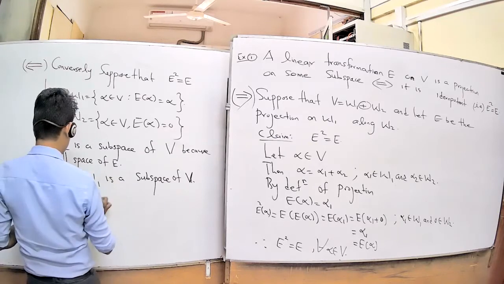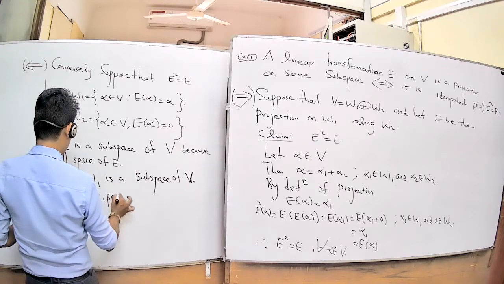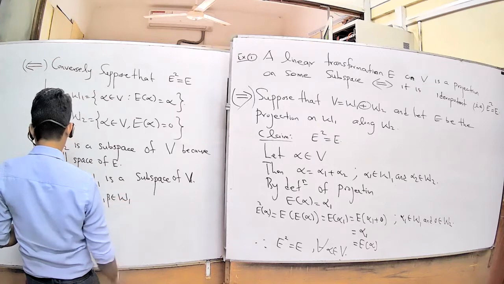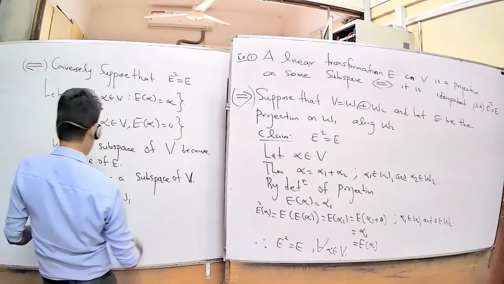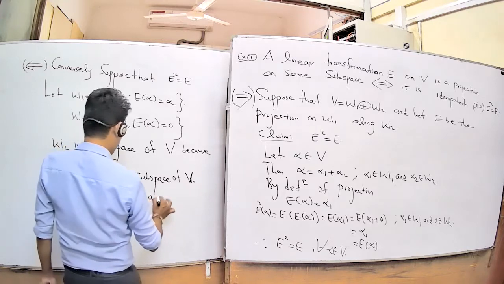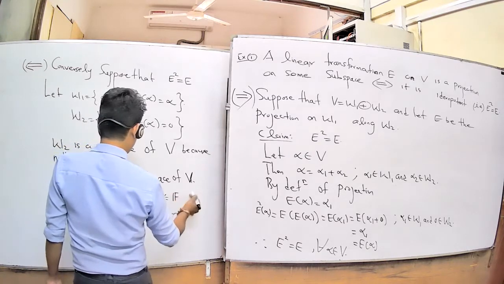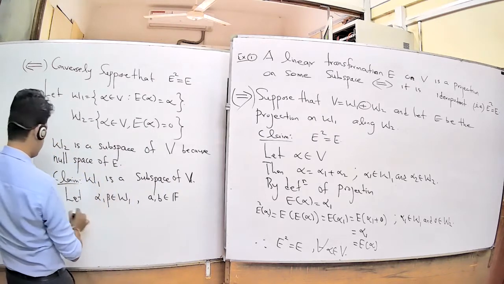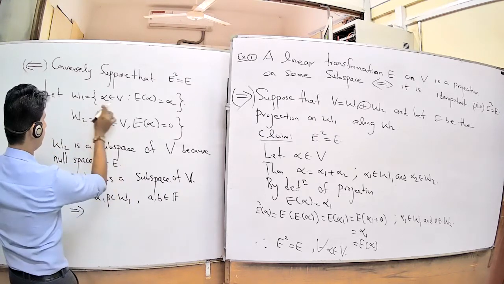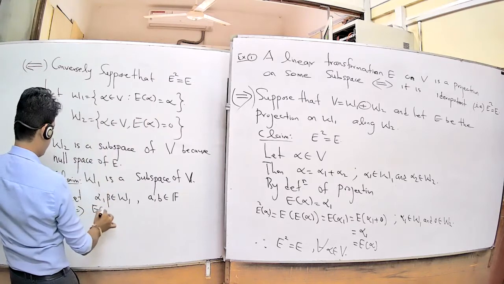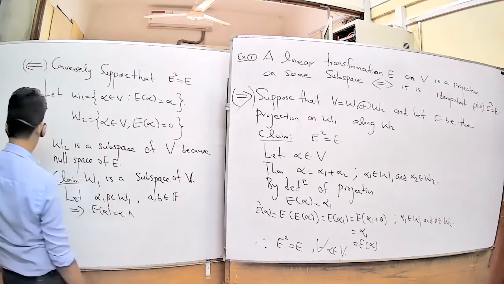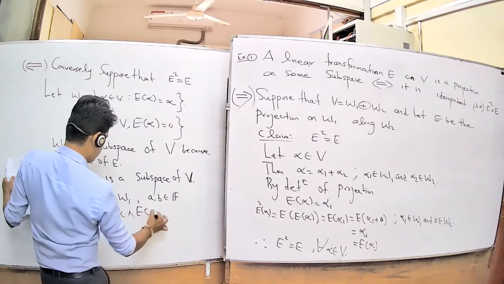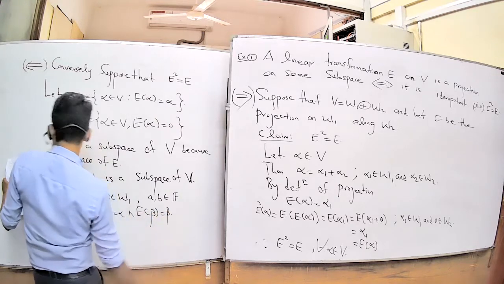Take two vectors alpha, beta belonging to W1, and two scalars a, b in the field F. Alpha, beta belonging to W1 means they satisfy E alpha equals alpha and E beta equals beta.